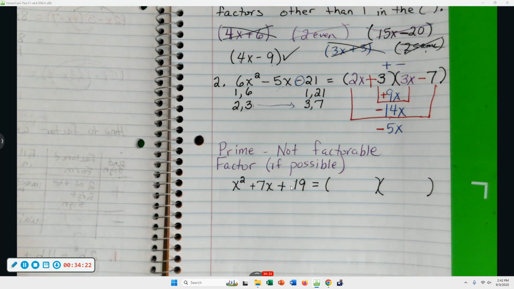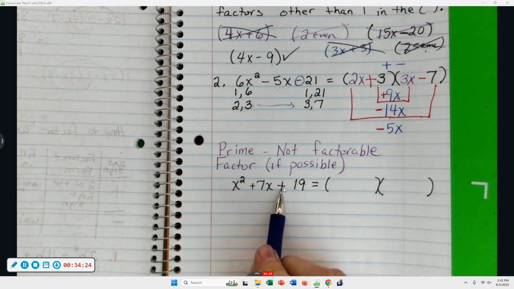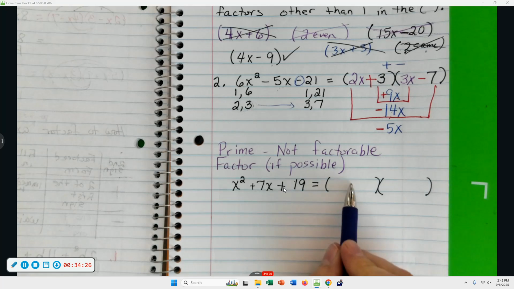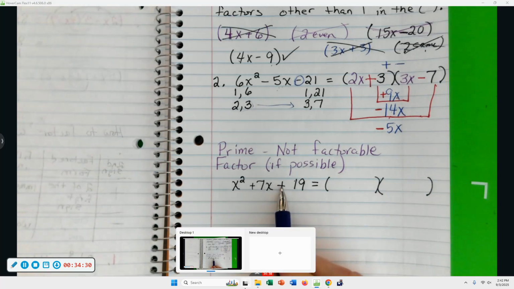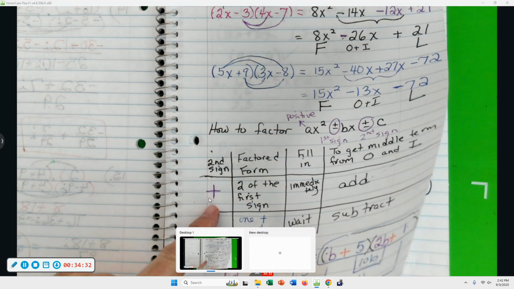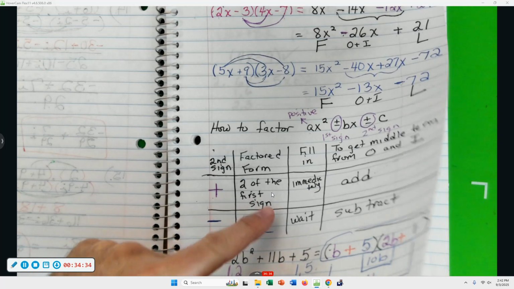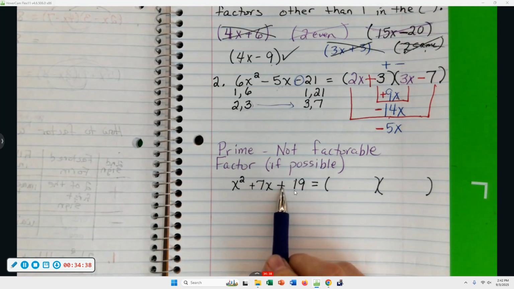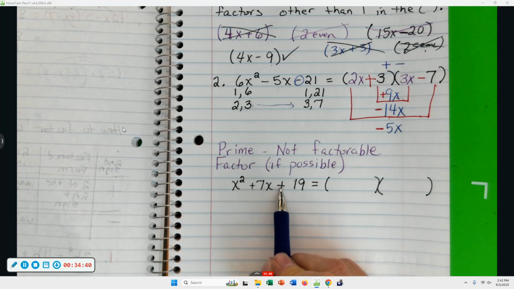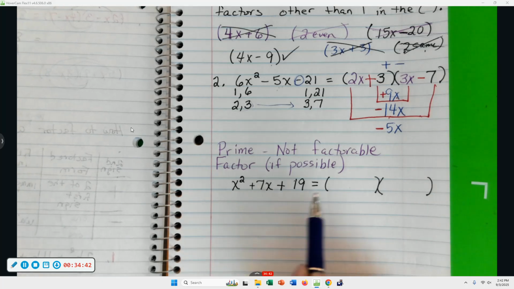Well, the second sign is plus, so what signs would I have in here? Second sign is plus, so two of the first signs. I'm looking at this sign right here. So what am I going to have inside here?